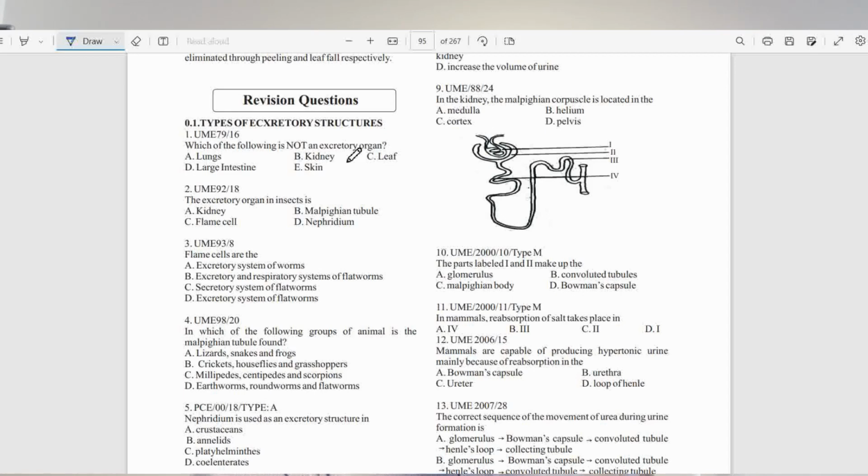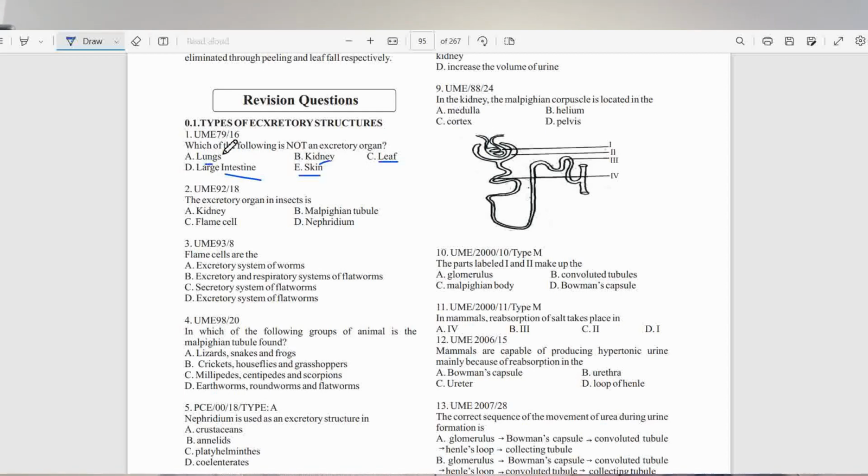So you have lungs, the kidney, the liver, the large intestine, and the skin.